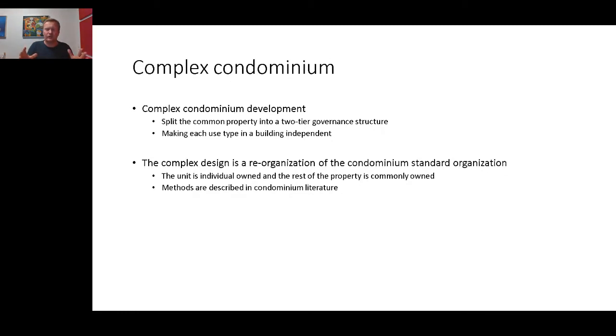For instance, to make each use type independent, so that all common facilities that only benefit one part of the use in a building, for instance the commercial condominiums, are separated from the condominiums used for housing that have no benefit of those common components.